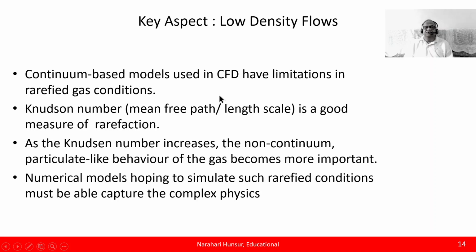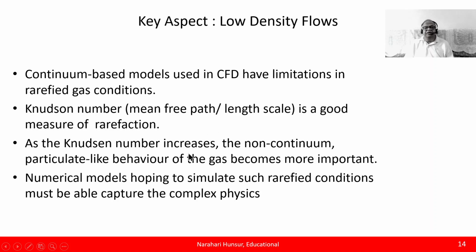So continuum models used in CFD have limitations in rarefied gas dynamics. Just like the Mach number and Reynolds number, there's another number defined here called the Knudsen number, which is the ratio between the mean free path and the typical length scale of whatever aircraft, rocket or missile you are looking at, any physical length scale. This is a good approximation for rarefaction.